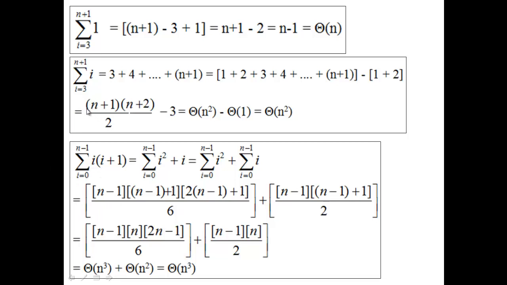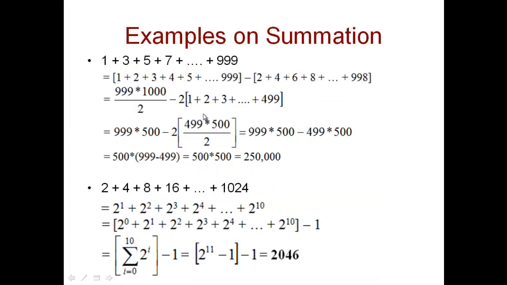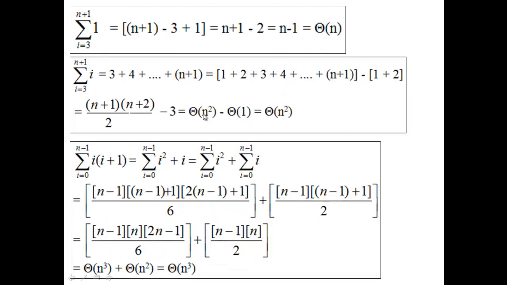Now just for this first term, n plus 1 times n plus 2 over 2, that will be equal to theta of n square. We already did something similar to that some time back. You see, this n plus 1 is theta of n, and this n plus 2 is also theta of n, and this is just a coefficient which can be discarded. So that is like theta of n times theta of n, which is theta of n square, minus 3. 3 is a constant.